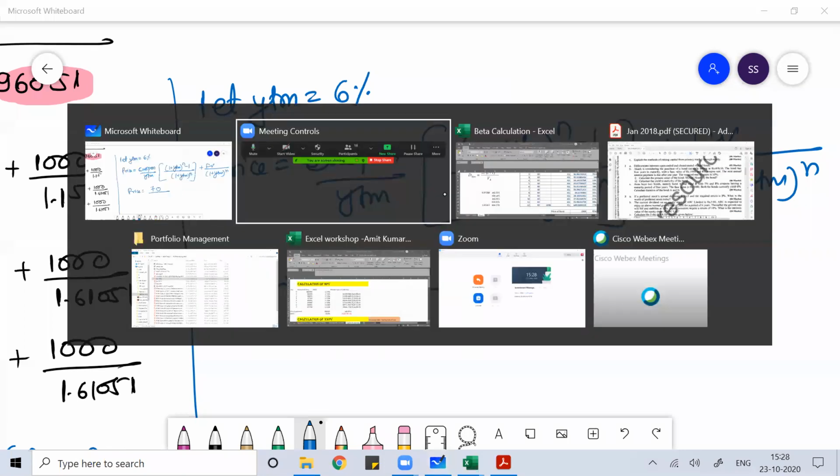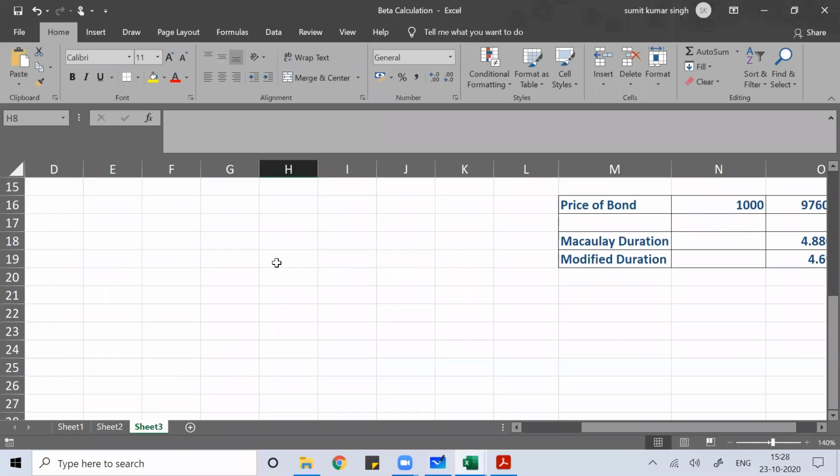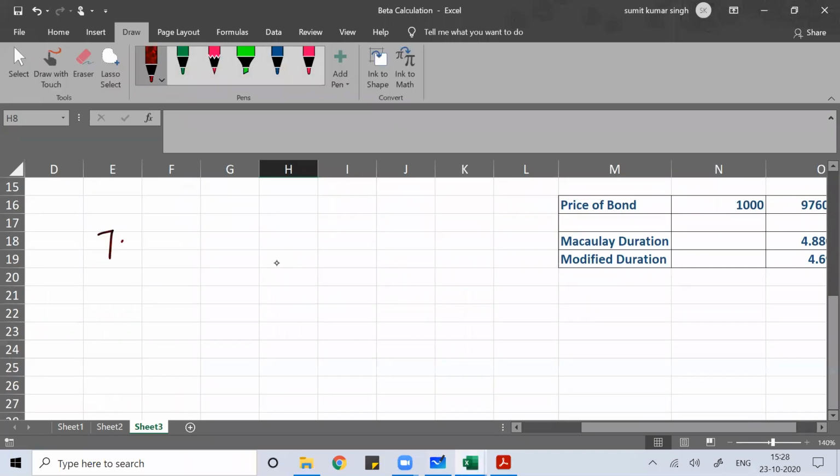See this 70 in the denominator, there is also point 1.